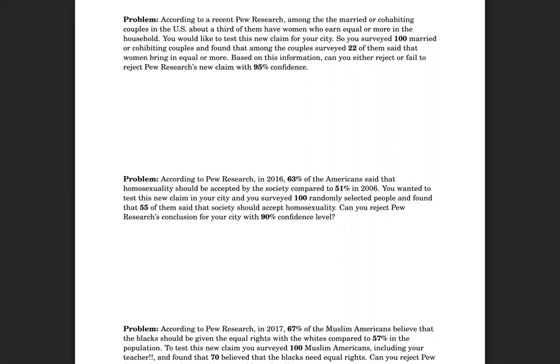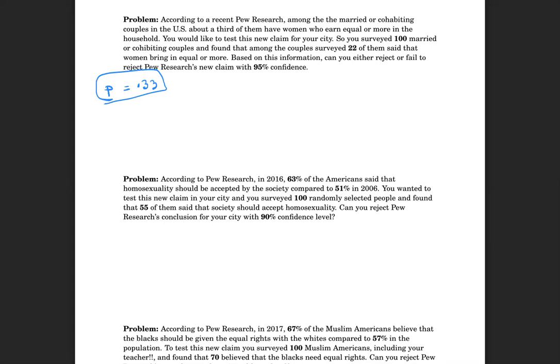According to recent Pew Research, among the married or cohabiting couples in the US, about 1/3 of them have women who earn equal or more in the household. So 1/3, that means 0.33. That's your P, that's the claim, the proportion is a third.